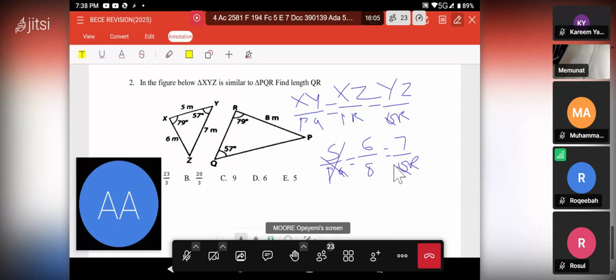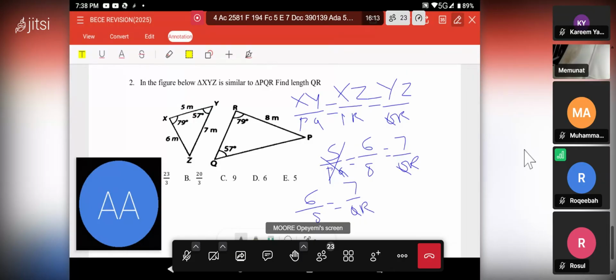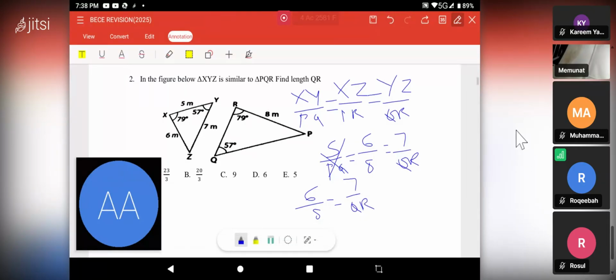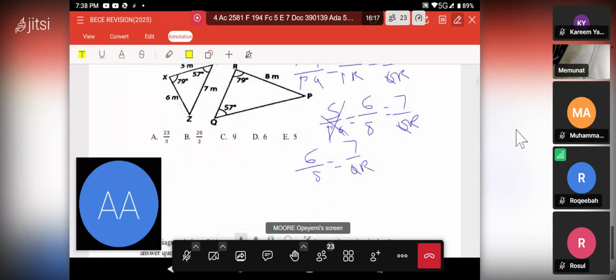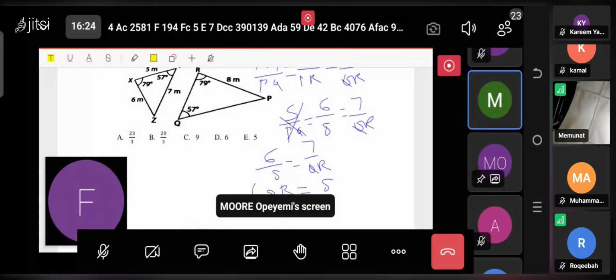6 over 8 is equal to 7 over QR. Then you cross multiply. By so doing, we say 6 times QR is equal to 8 times 7.